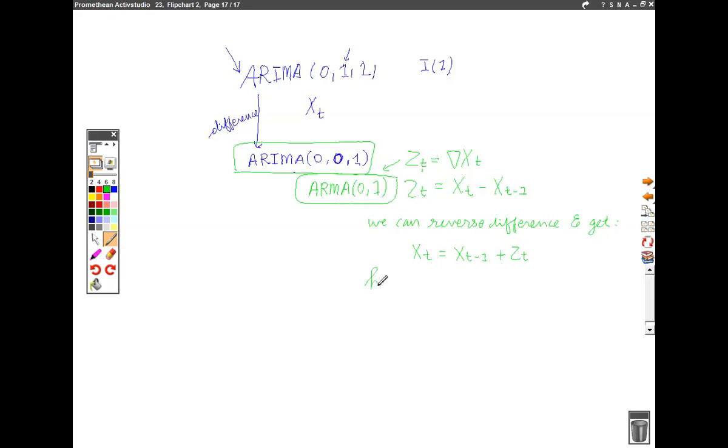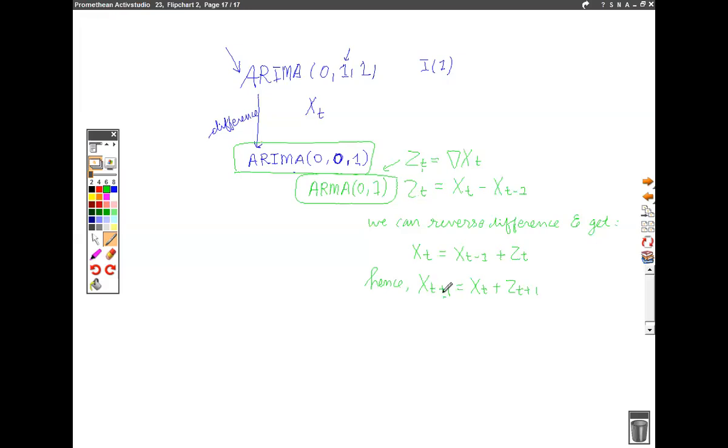And I know that having t plus 1 instead of t, I can easily write my xt plus 1 as xt plus zt plus 1. So my zt being a stationary process, I can forecast its value, which will be zt plus 1, which will be the value that this random variable will take. And then I know my today's observation. And by using both of these, I can predict what's likely to be the value of my variable tomorrow.